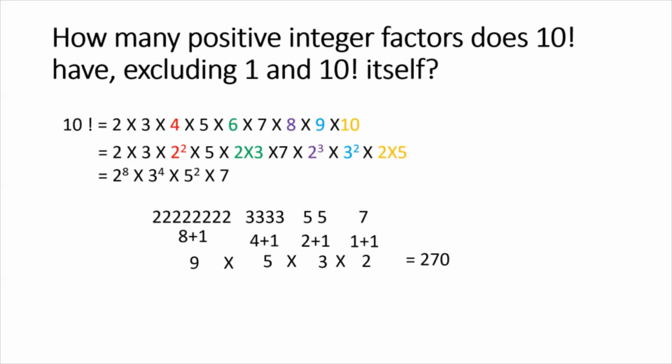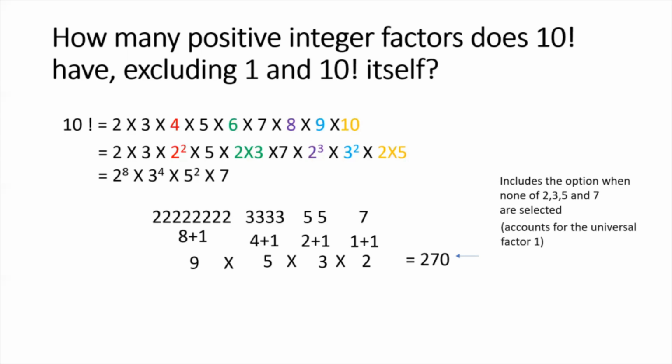Now, one thing to note is that this 270 does include the option where none of 2, 3, 5, and 7 are selected. And that accounts for the universal factor 1, because we haven't chosen any of those primes 2, 3, 5, or 7.